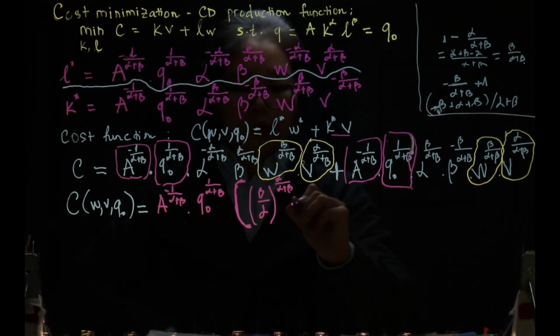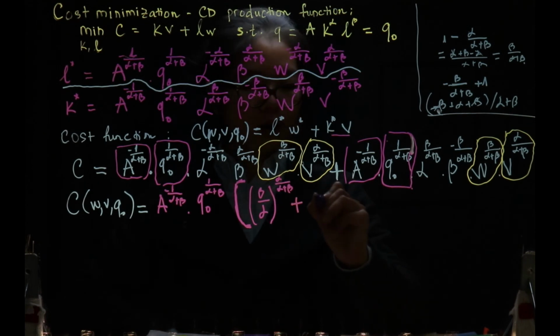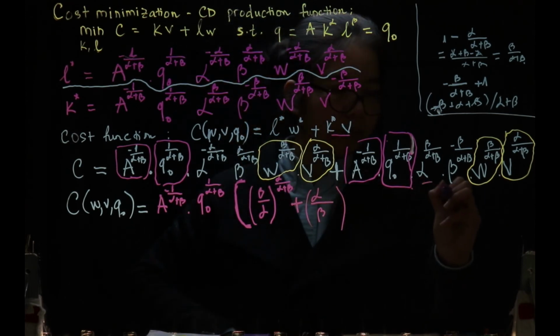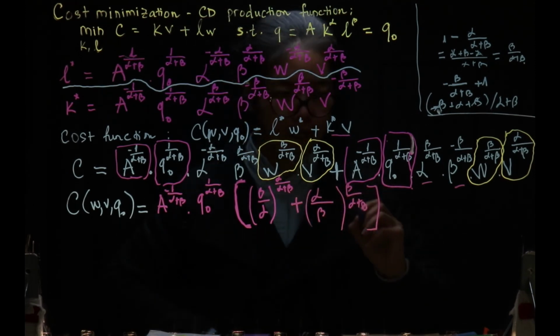So, plus, right, because here's the plus. You have alpha over beta here to the power of beta over alpha plus beta, right? This is what we have in the bracket.